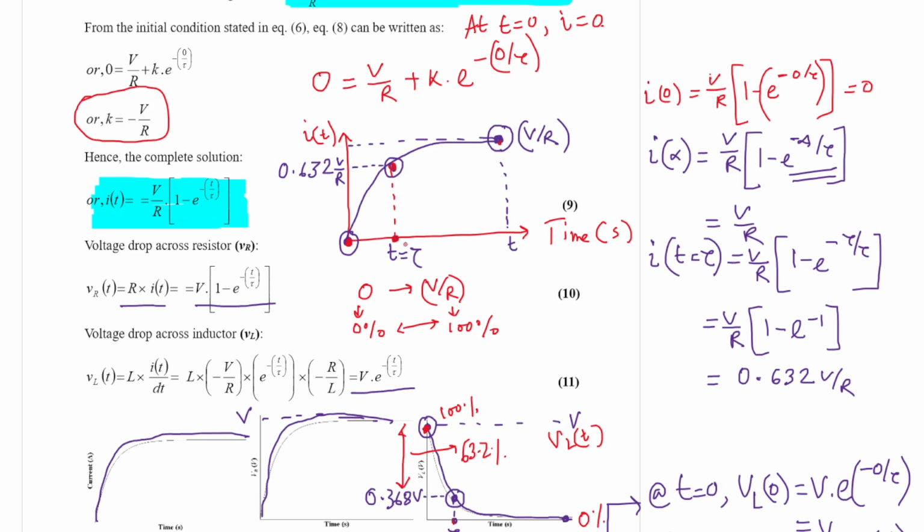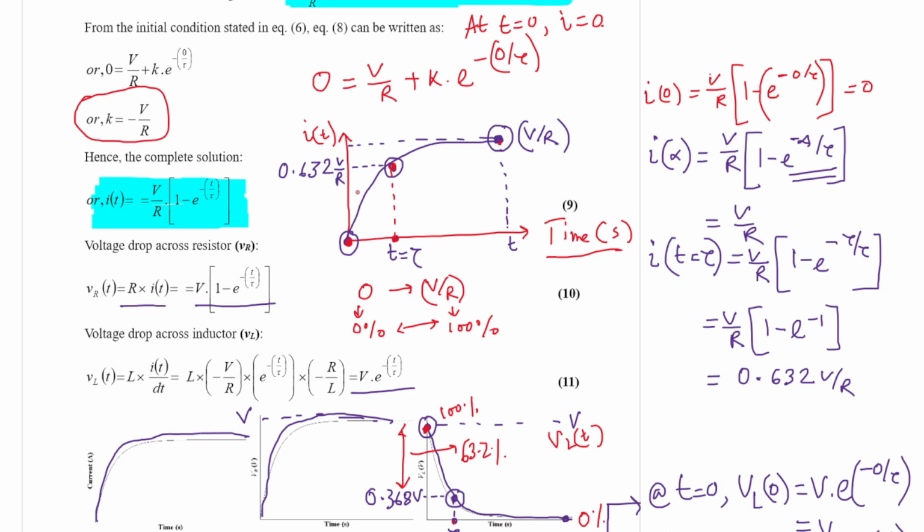The definition of tau is that it is the time in seconds after which the magnitude of voltage or current, true for both parameters, becomes 63.2% of its total change.